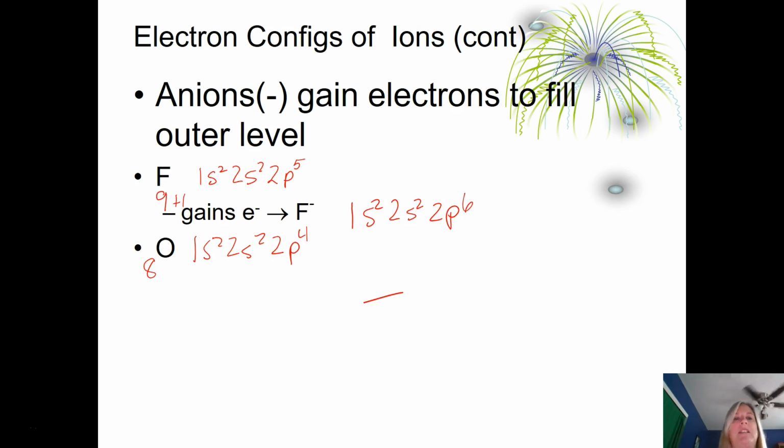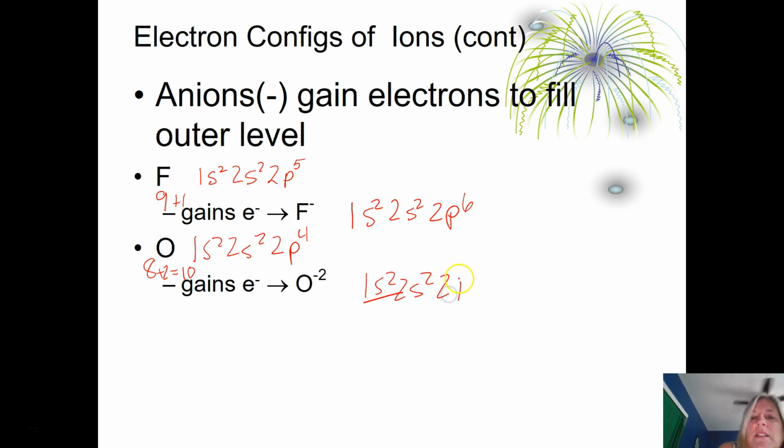That means oxygen is going to gain 2 electrons so that it can also be just like neon. So oxygen gains 2 electrons and becomes oxygen -2. Its electron configuration will be 1s2, 2s2, 2p6, just like fluorine did, because they're in the same row.